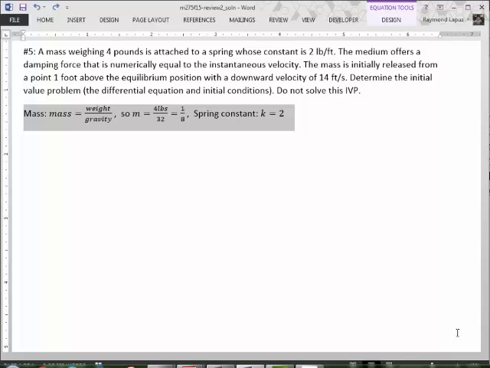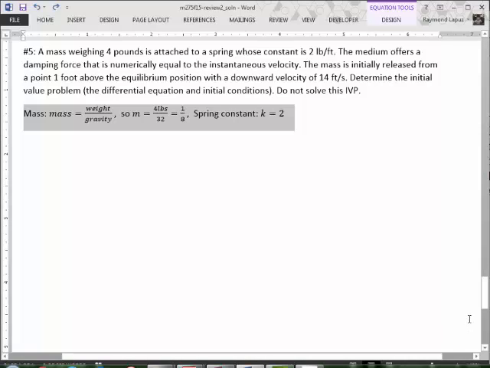Since we're dealing with pounds and feet, we need to look at the mass in slugs, and that's just the weight divided by the gravity. So the weight is 4 pounds and gravity is 32 feet per second squared. And so our mass simplifies to 1/8.